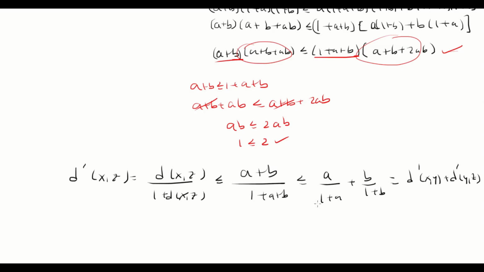And that's the triangle inequality that we wanted to prove, which means that the distance of xy equals the absolute value of x minus y over 1 plus absolute value x minus y defines a metric on R.